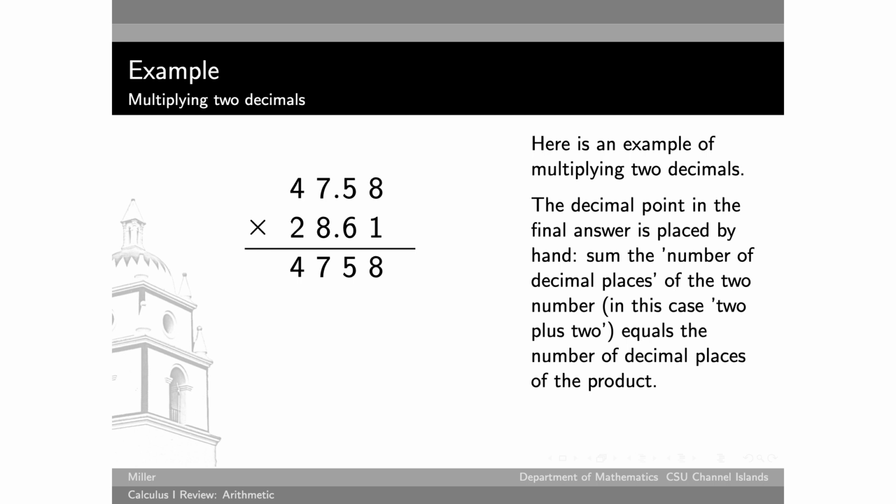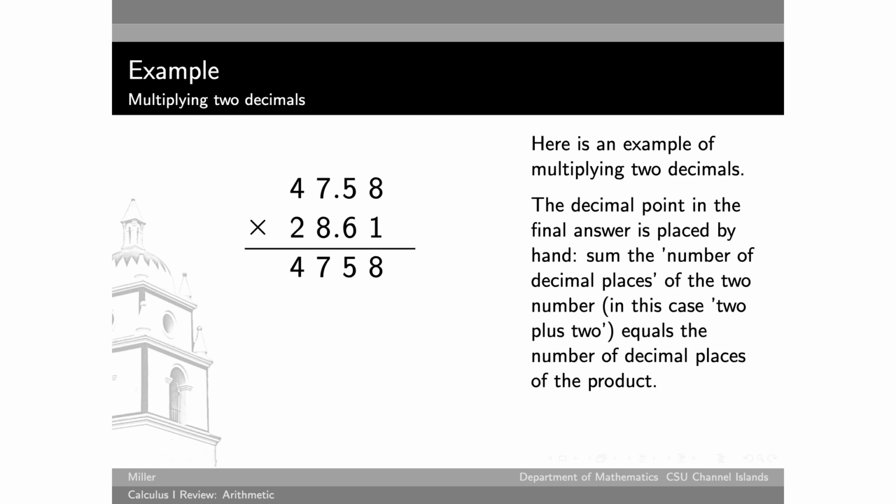Now we'll move over to the number in the tens place, with 6, and we'll multiply the first number, 47.58, times 6. So we'll do that starting from the ones place, or sorry, the hundredths place, moving up to the tens place. So 6 times 8 is 48.